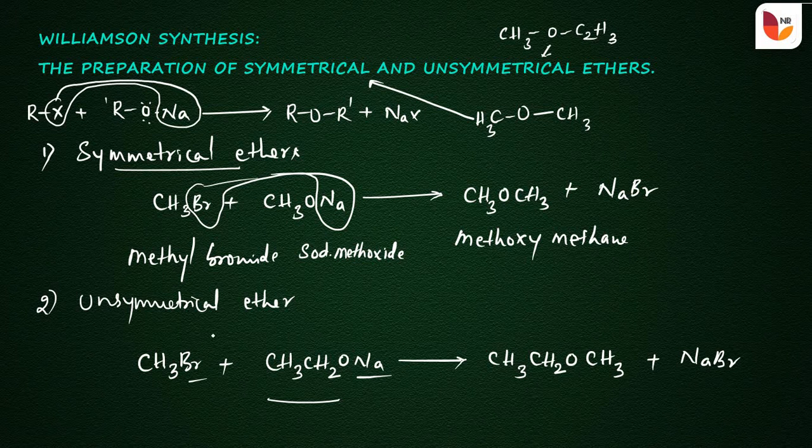So the product obtained is to be called methoxyethane, that is, oxygen is joined along with the smallest alkyl group. So the root word is the longest carbon chain in the ether, and the smallest alkyl group is to be called the alkoxy group, that is methoxyethane.